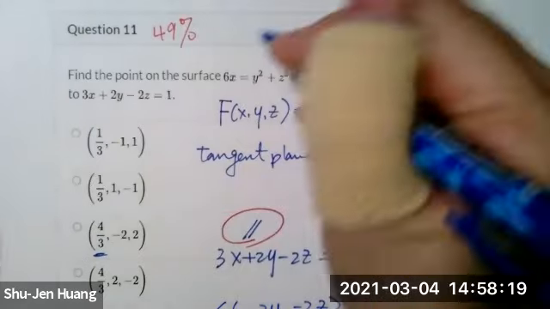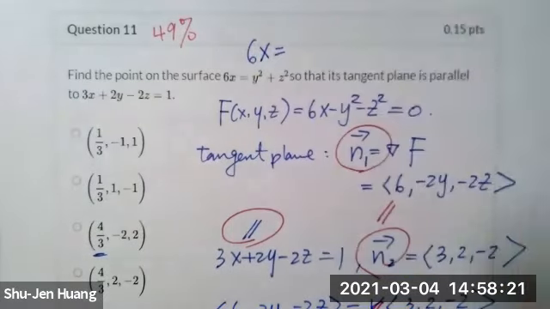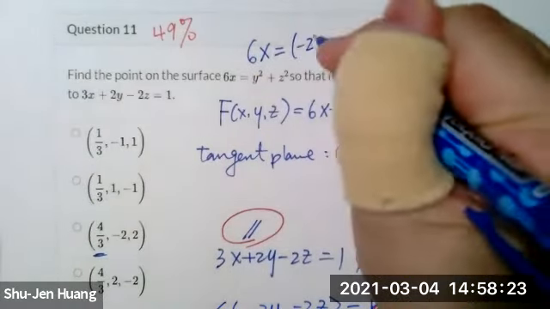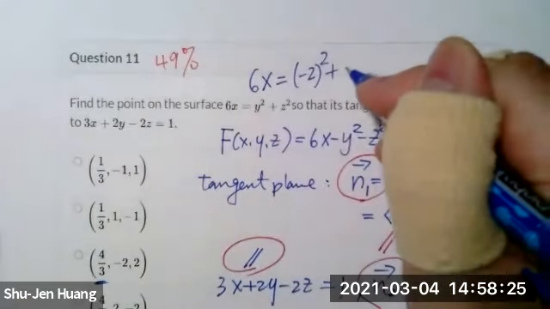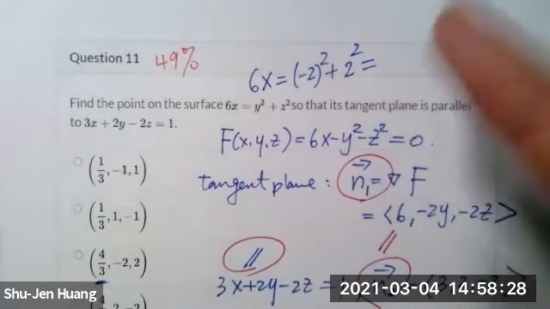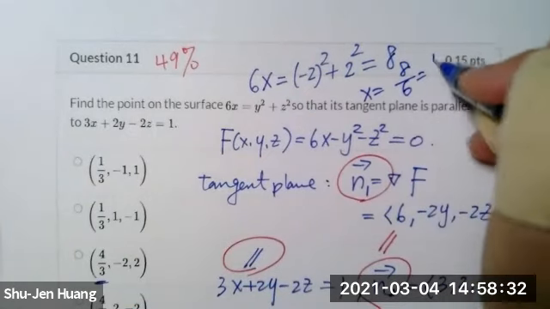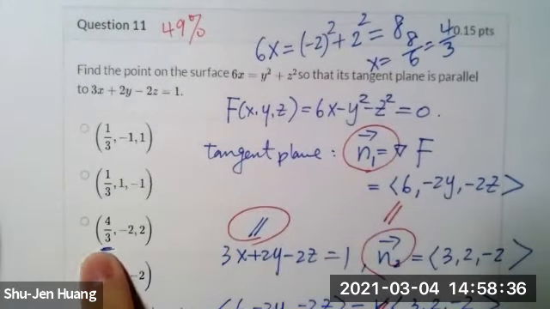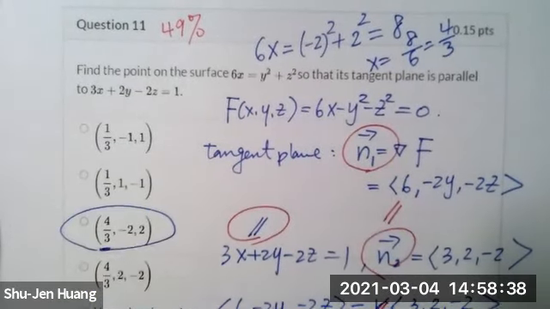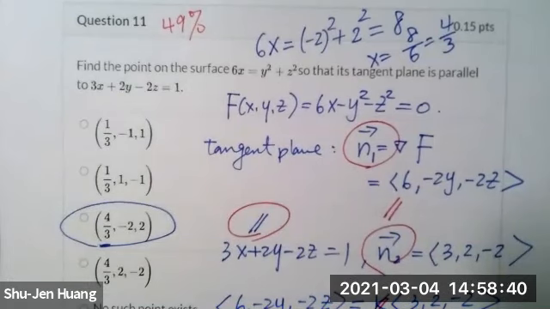So we have 6x equal to y squared plus z squared, so that's 4 plus 4, which is 8. So x equals 8 over 6, or you say 4/3 here. So indeed, the x coordinate is 4/3. So this is the point on the surface so that the tangent plane is parallel to the given plane here. Is that good?